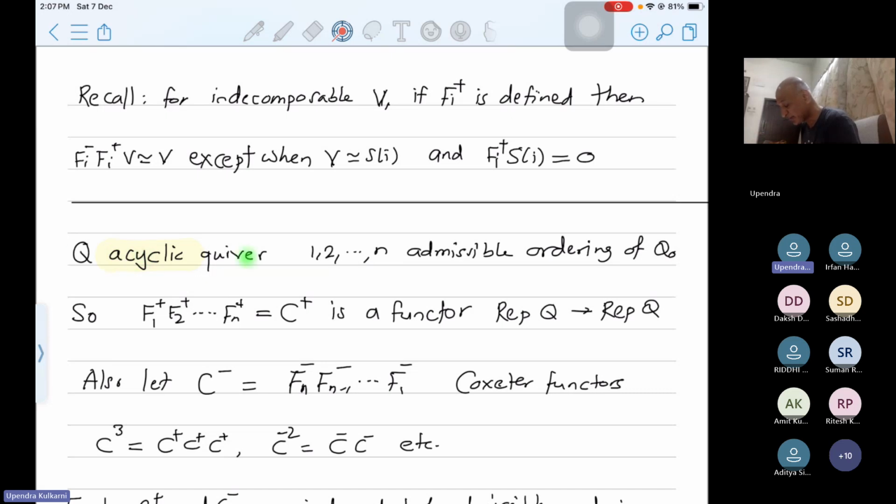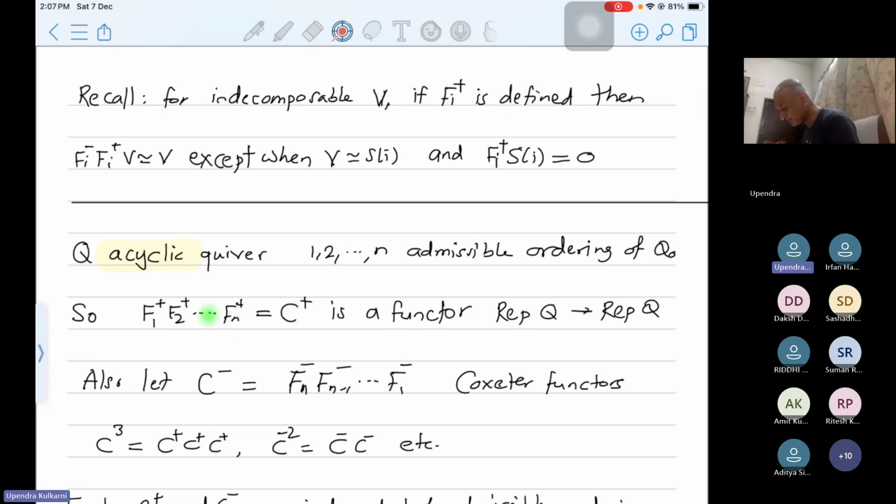So now we are going to stick to acyclic quivers, and so I have an admissible ordering of the vertices. Remember that one way to do this is to ensure that if there is an edge from vertex I to J, then the label I should be less than the label J. That ensures that I will be able to construct such a sequence of functors, and it is valid.